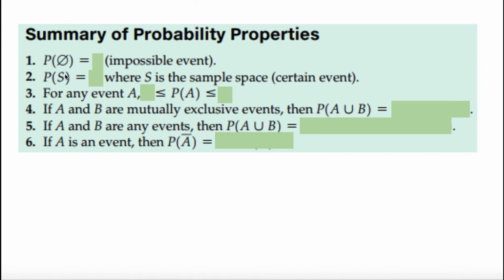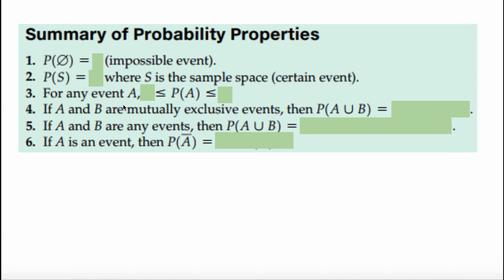So for the total sample space, how do you find it? Number of elements in the sample space over number of elements of the sample space. So the numerator and denominator are exactly the same, right? In that case, the probability of all events, all elements that happen, is 1, right?